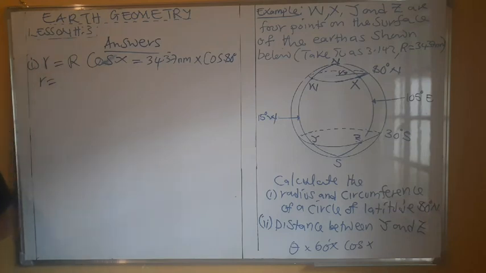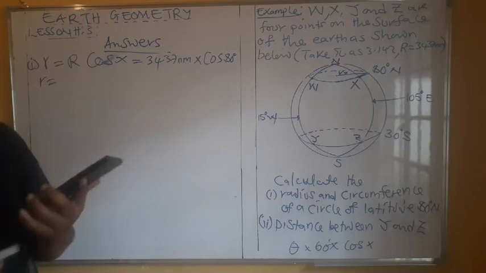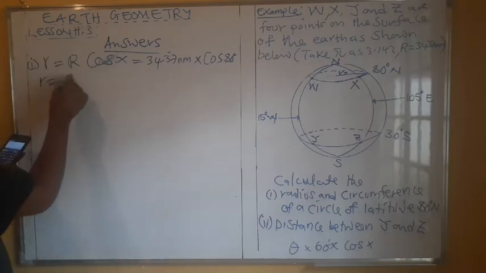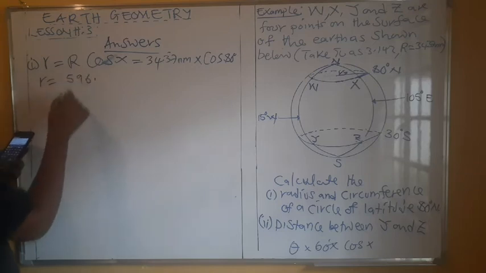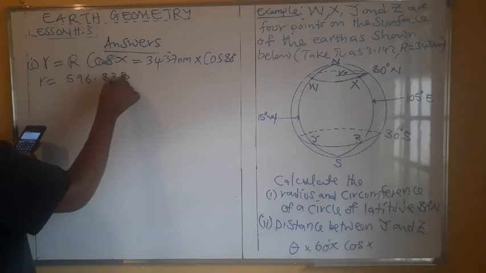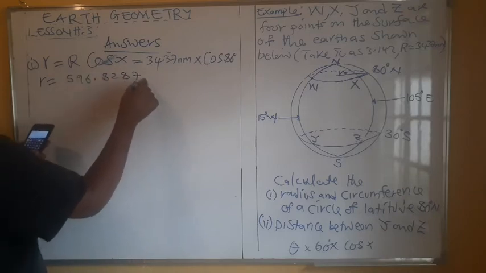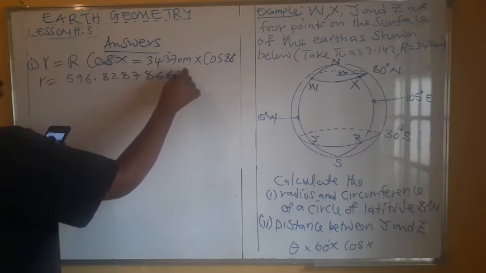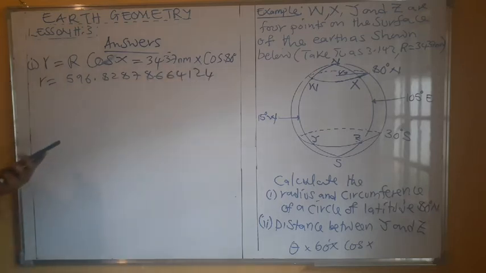With me, I've used this calculator. This is what I found. So you can also try to work it out. 596.82878664. That's what I've found.